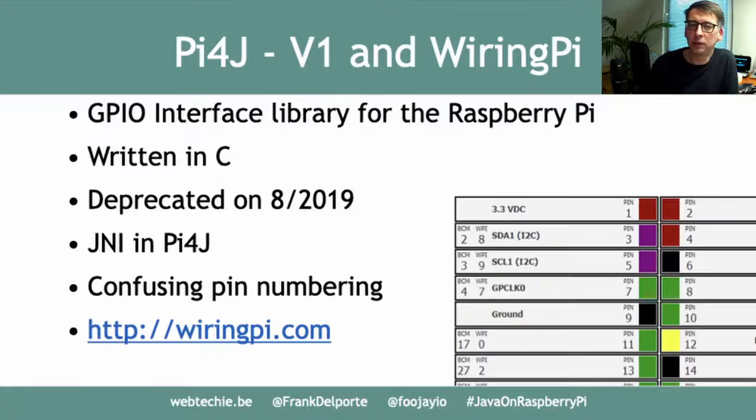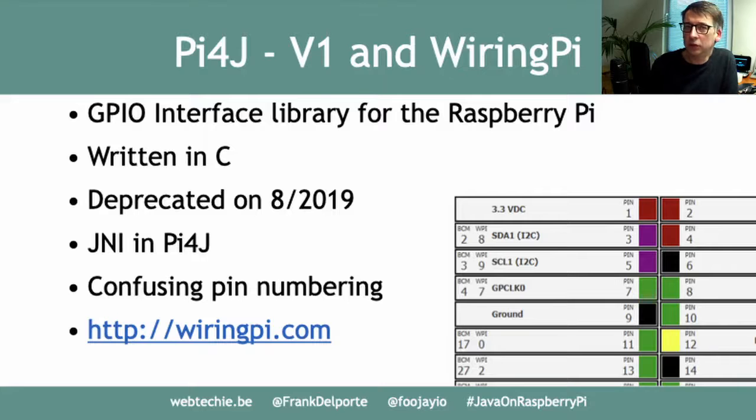But the main problem with Pi4J version 1 was this native library inside which was talking to the GPIOs. That was Wiring Pi, and Wiring Pi itself got deprecated. So there were no evolvements there. There was no support for the latest Raspberry Pi versions, so we could no longer use that as the heart of Pi4J to interact with the GPIOs.